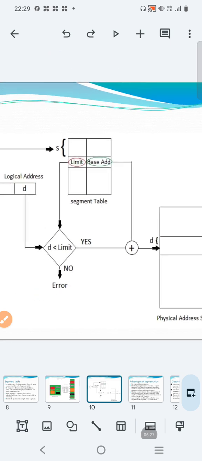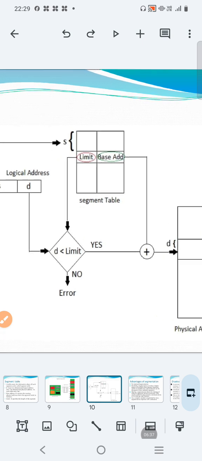Here we add the base address and the offset to create the physical address in the main memory. Whenever the offset is greater than the limit, the OS will create a trap or interrupt.